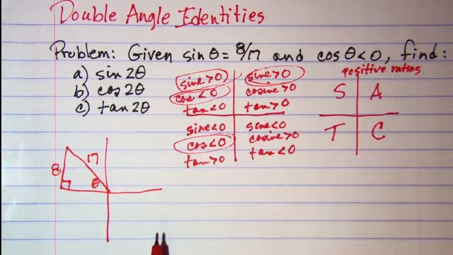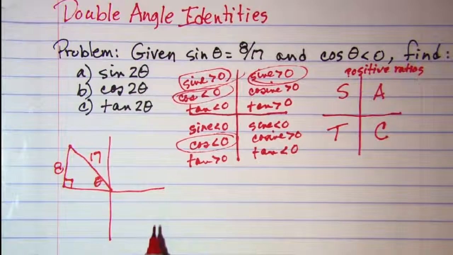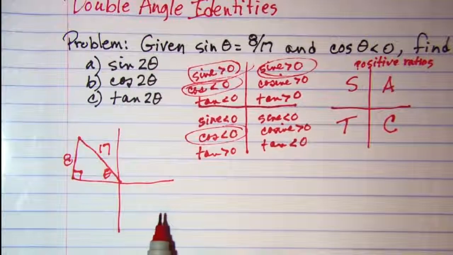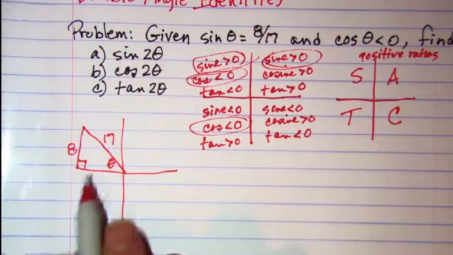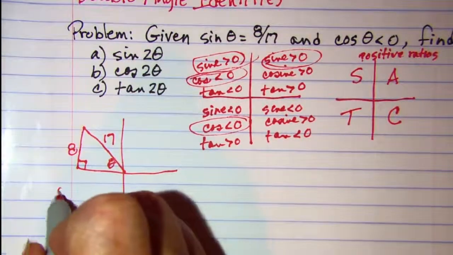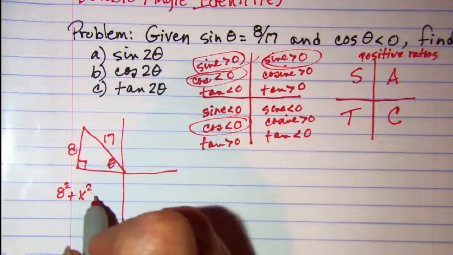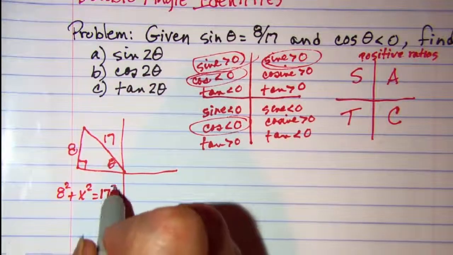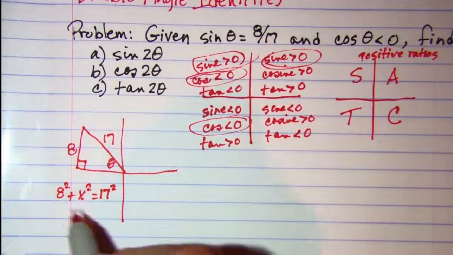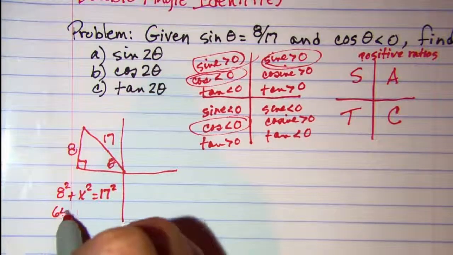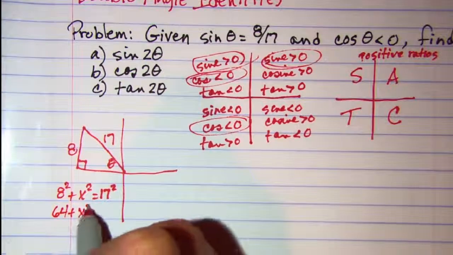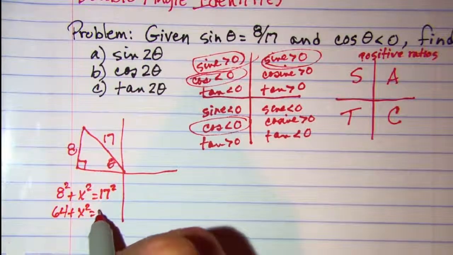Now we can use our Pythagorean theorem to find the x value here. We have 8 squared plus x squared equals 17 squared. 8 squared is 64 plus x squared is equal to 289.